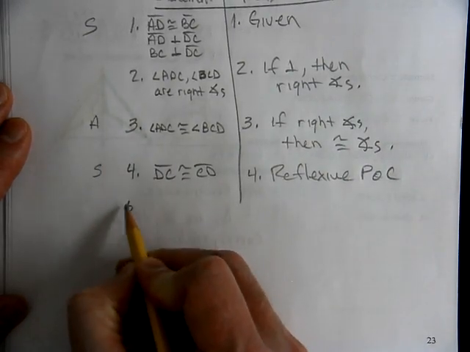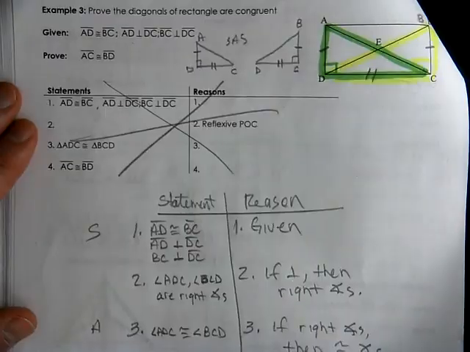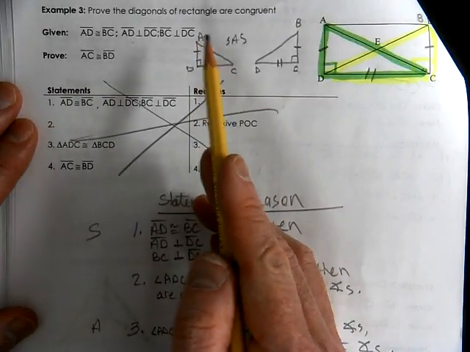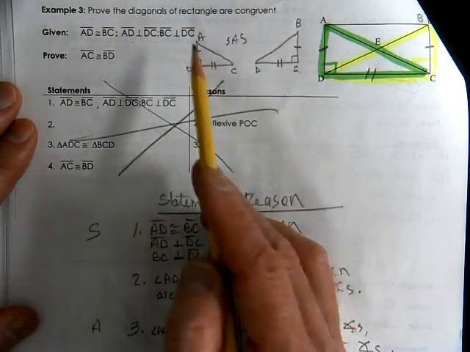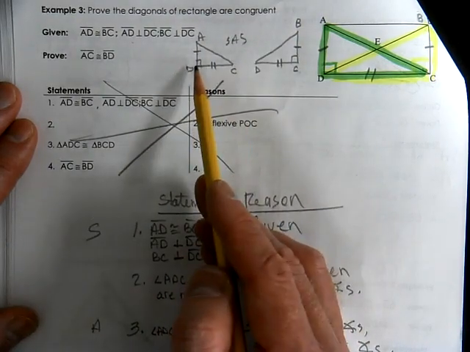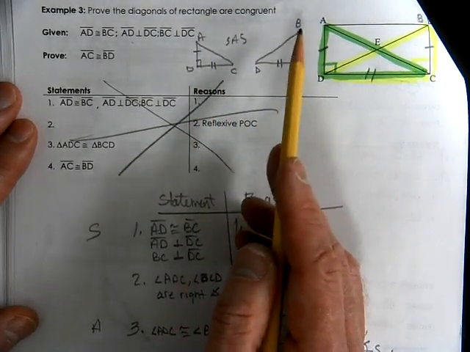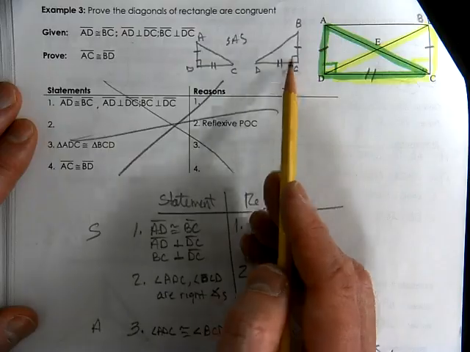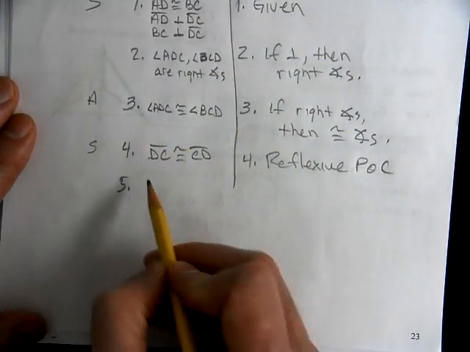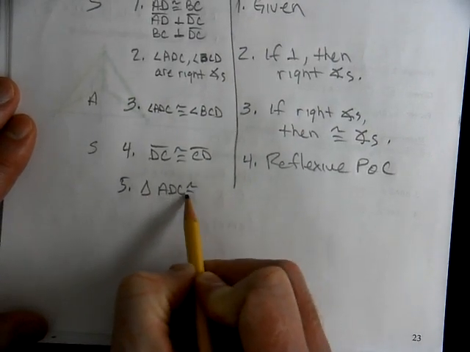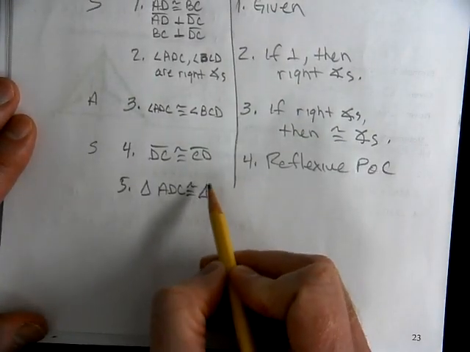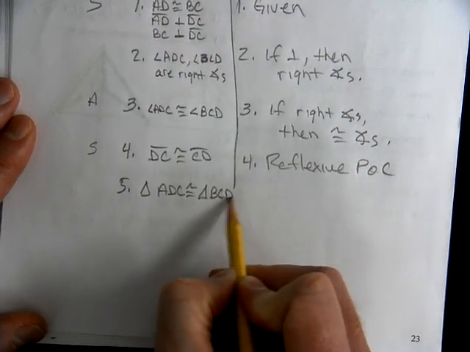We're able to talk about the triangles being congruent. You can name this first triangle any way you want. Might as well go alphabetically. ACD. So then we're going to go BDC for the second triangle. Triangle ADC is congruent to triangle BCD.